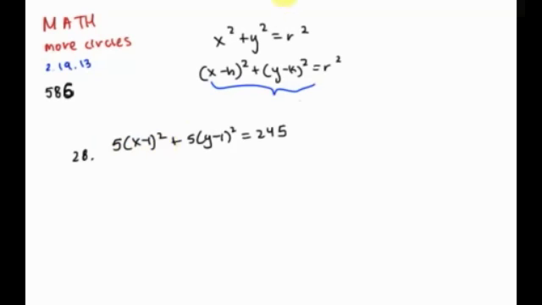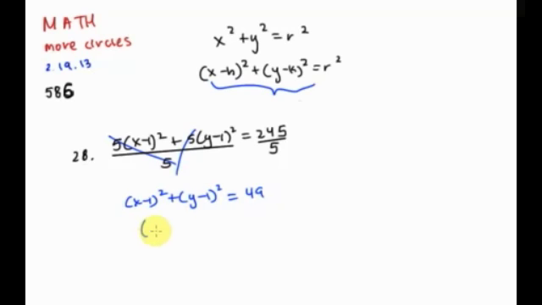Well, you can just divide these by 5. You should get these all cancel out, so it's x minus 1 squared plus y minus 1 squared equals 49. So our center is going to be at 1, 1.